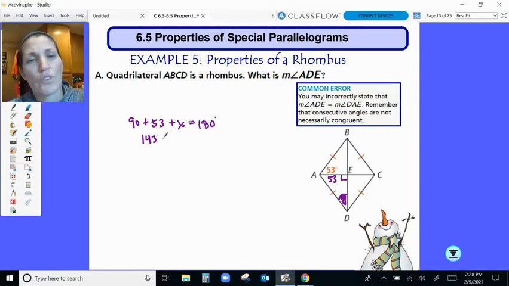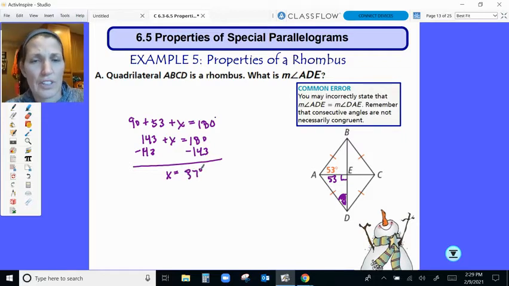So this should be 143 plus x equals 180. So x should equal 37 degrees. Okay, that's the measure of ADE.